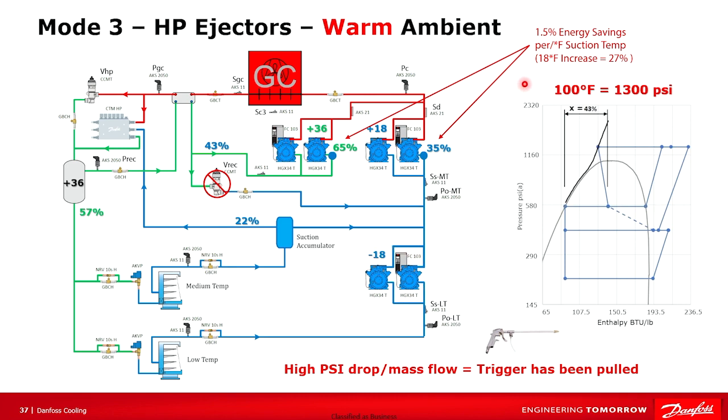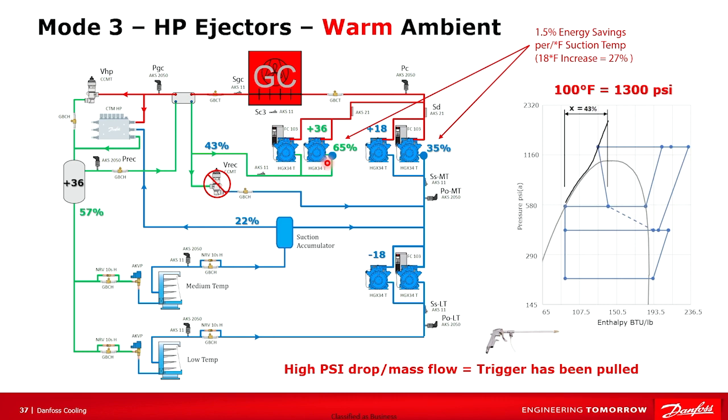So at that point, with the ejector block working on a warm day in parallel compression, 65% of your overall mass flow is being handled at almost 30% better efficiency than it would be without the parallel compressors and the ejector block. So here, if you'll remember, we got 43% efficiency before, without being able to pull the 22% over. So with no ejector block, 43% efficiency, add the ejector block, you're getting 65% back up to that higher efficiency.